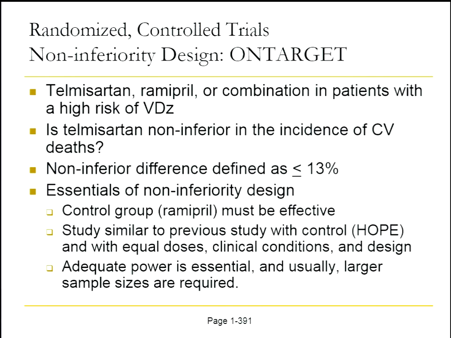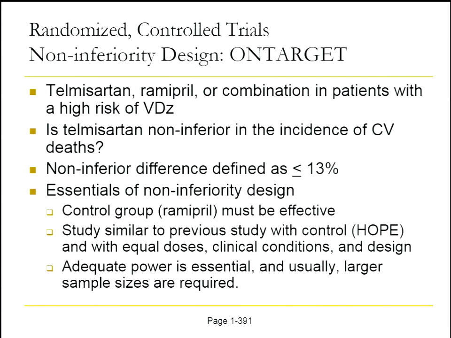That is, it's been studied and found in a previous study to reduce the incidence of cardiovascular deaths in this same situation. All right, so a similar previous study with control with equal doses. So we're using equal doses in this particular study as was used in the previous study. Clinical conditions are the same, and the ultimate design of the study is important.